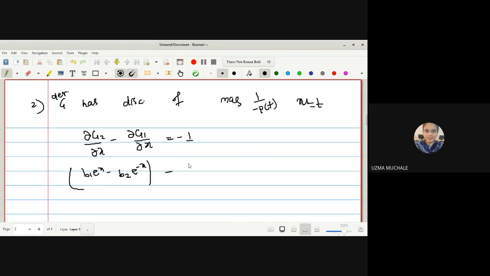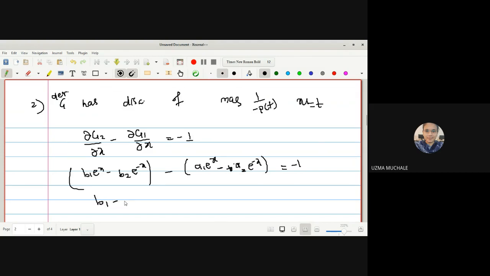Now we are evaluating this minus the derivative of g1, which is a1 e raised to x minus a2 e raised to minus x. It is equal to minus 1. At x equal to t we have to evaluate. For that I will take the terms of e raised to x common, putting x equal to t.